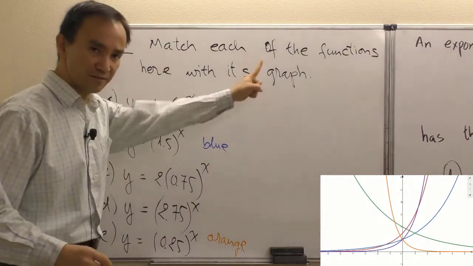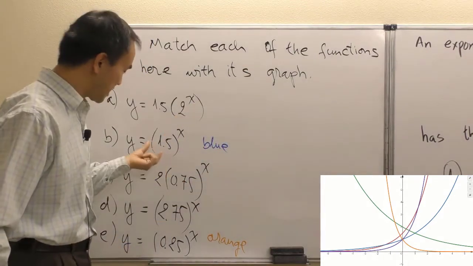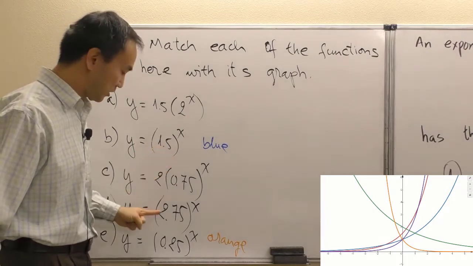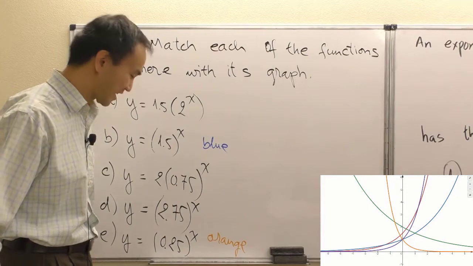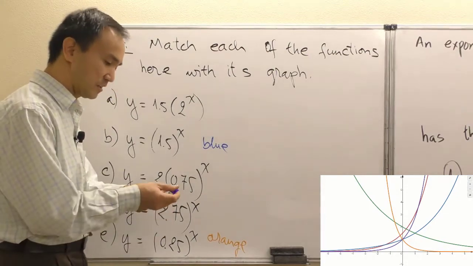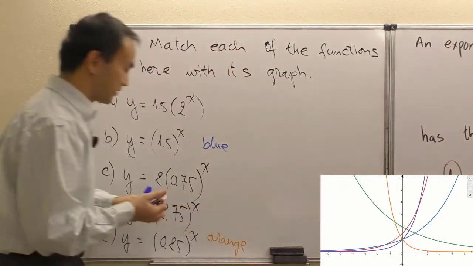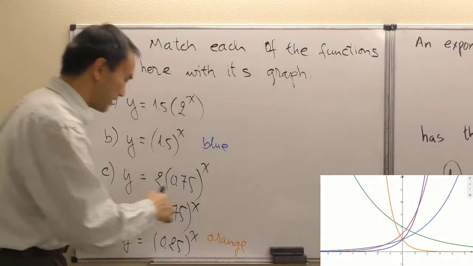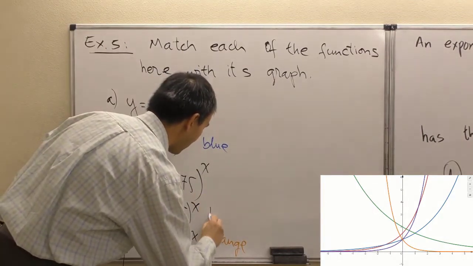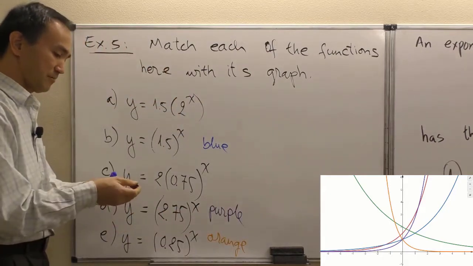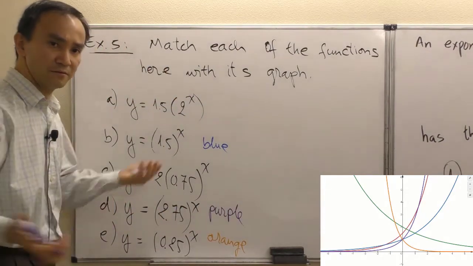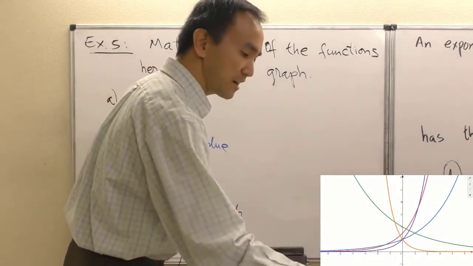It's going up, going through that y-intercept (0, 1), but it's not rising as rapidly as this 2.75 to the x. So this one here has to be the purple one. I'm writing that in purple ink right here. Okay, and so now that takes care of three color graphs already.